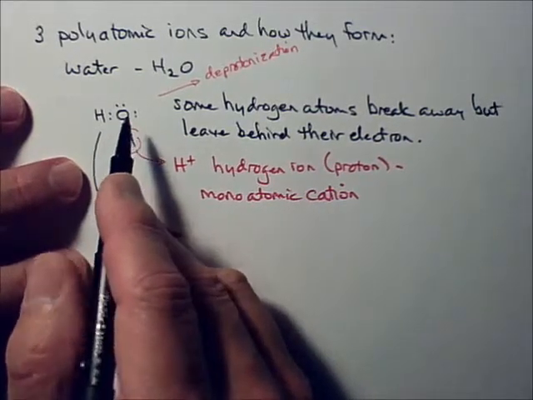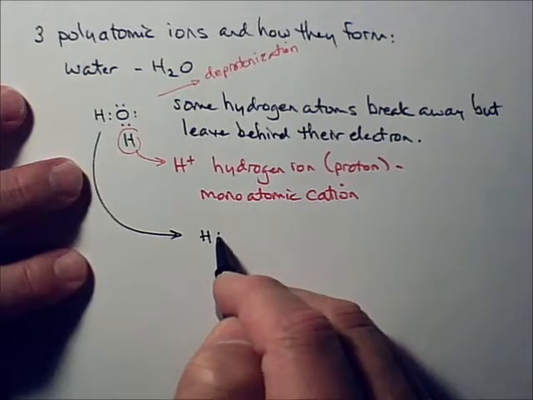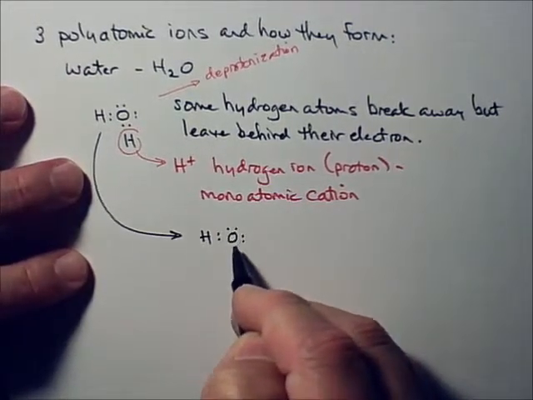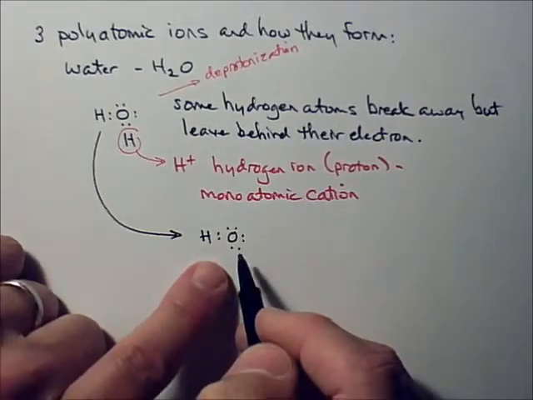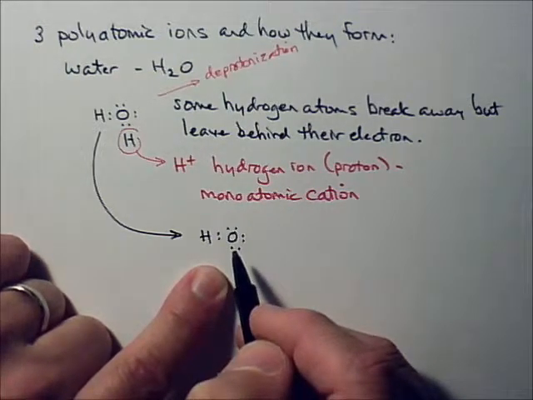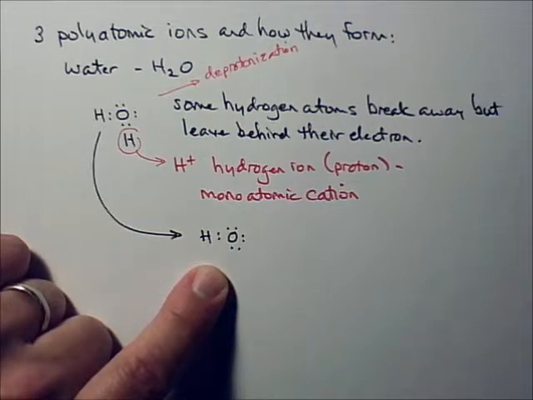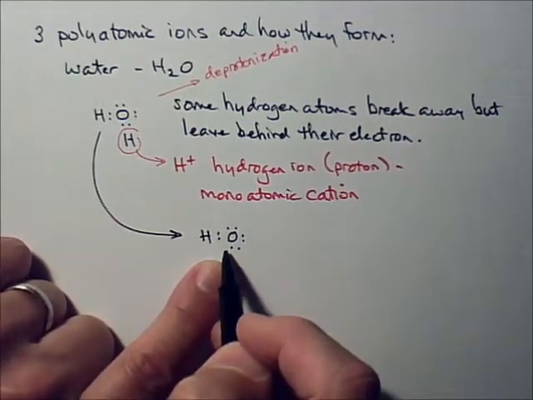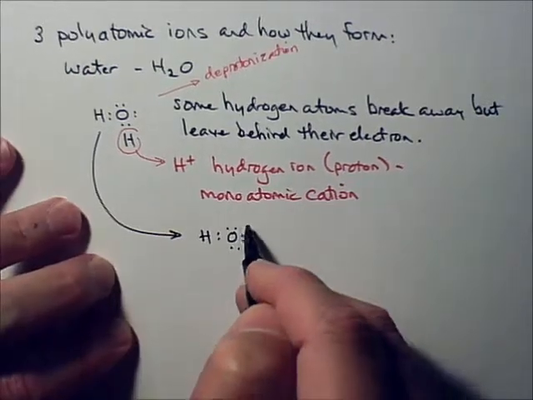Well, all the electrons are there, aren't they? There you go. It's a negatively charged thing. It's not water anymore, but it is a polyatomic ion: more than one atom covalently bonded together with a charge.